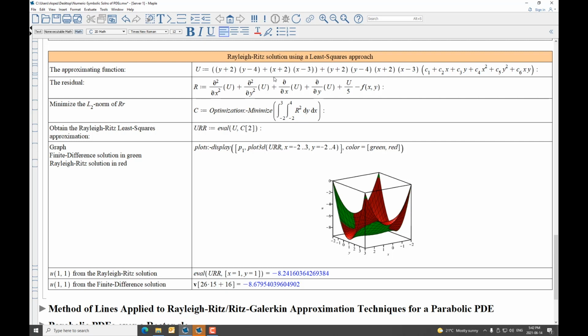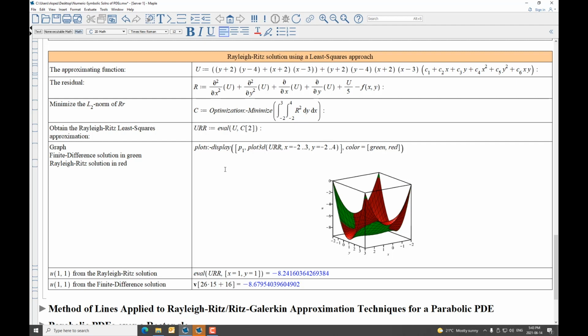And here is the part that's going to satisfy the boundary data. The residual comes when you plug this into the differential equation, and remember it's a non-homogeneous equation, so it's minus f of x and y. So you have a residual. Here I'm doing least squares, so I square the residual, integrate it over the surface, over the domain, do a numeric minimization. This grabs the values that the minimize command returns for C1 through C6.